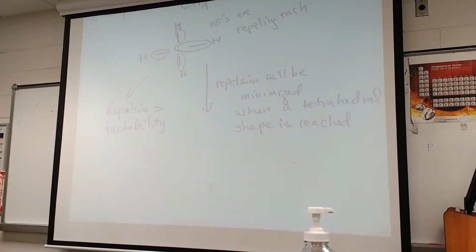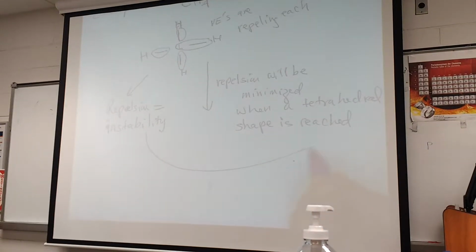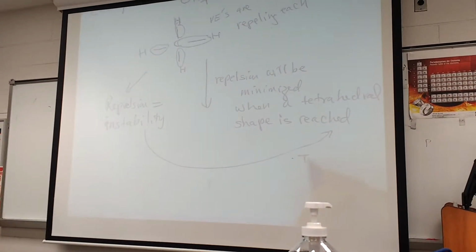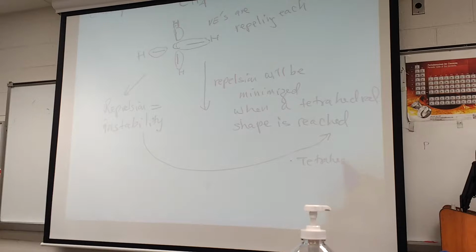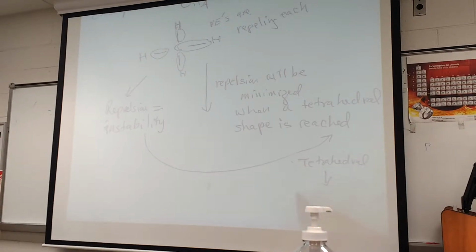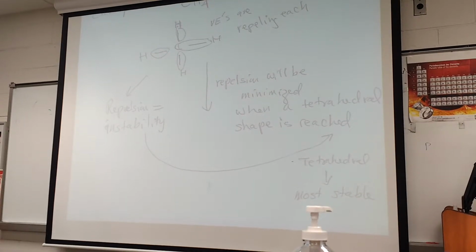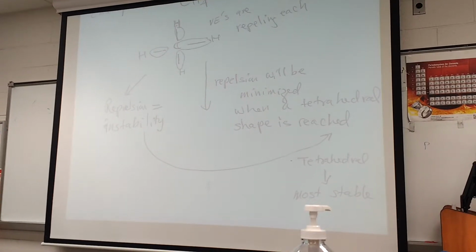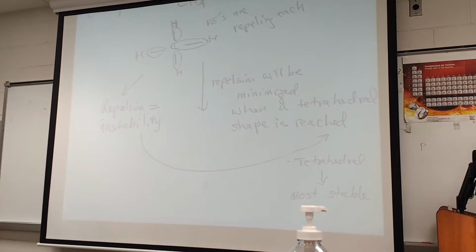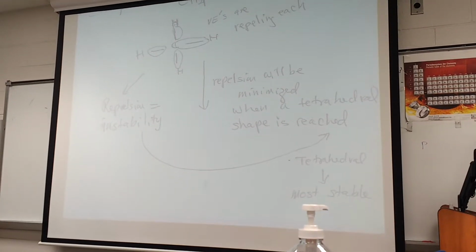We have to have stability, and this stability is reached in the tetrahedron, the most stable shape. So this repulsion will be taken away, and it will be more stable, correct?